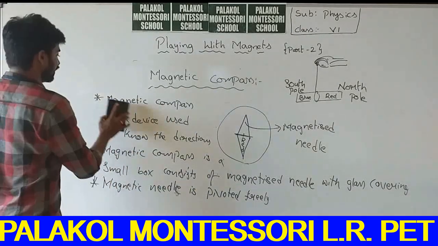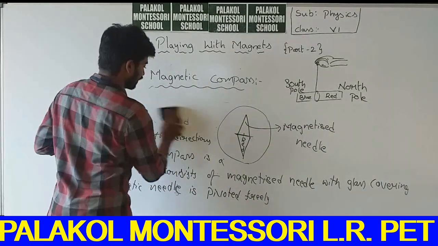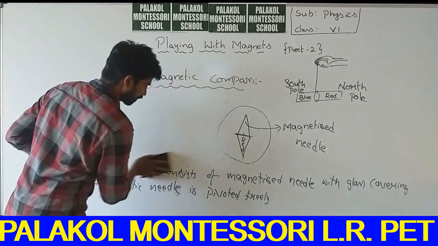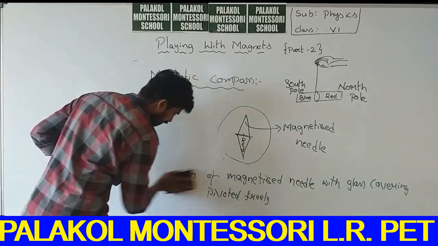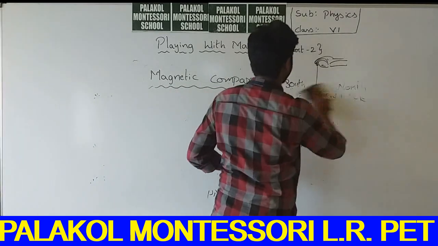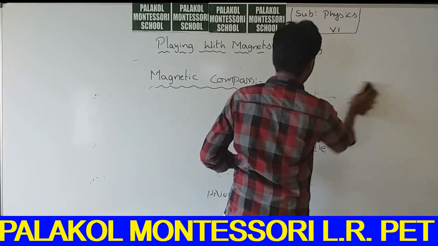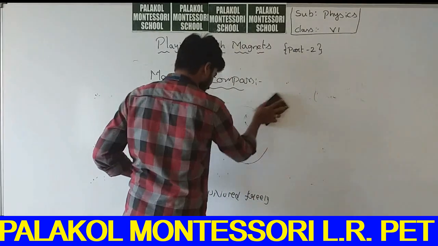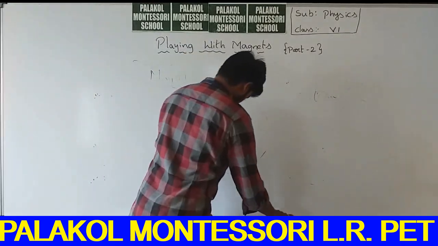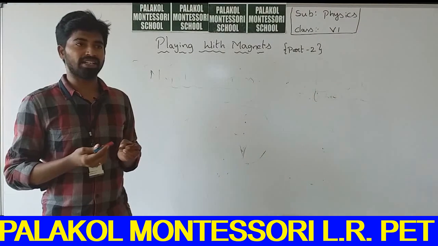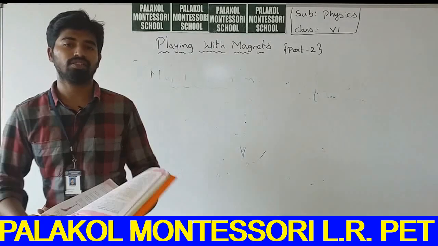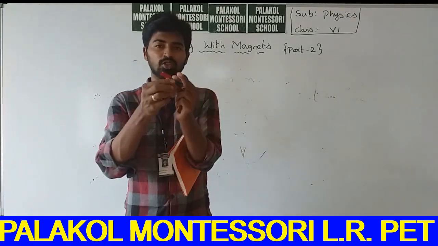So let us understand the attraction and repulsion between the magnets. Consider two bar magnets.